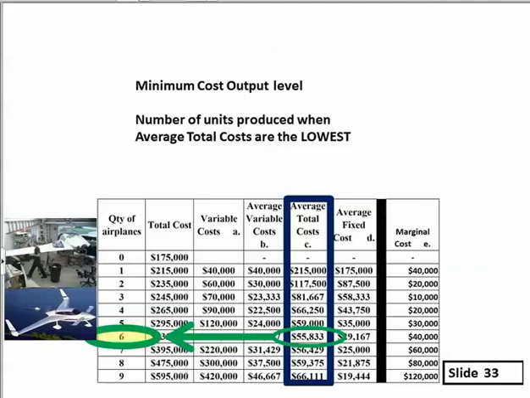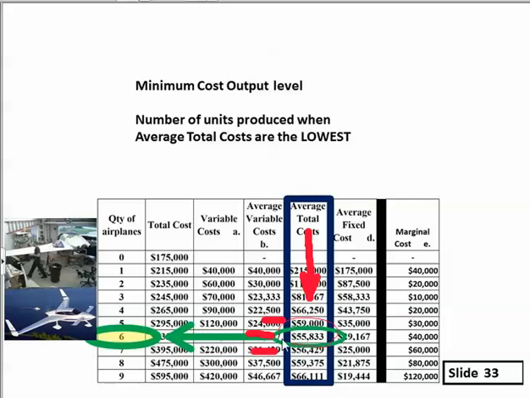Continuing on, we can go back to our chart of numbers and identify that lowest value. We see by going down the average total cost column till we find the smallest number. So we have 59,000, and then we end up with 55,800 and some, and then the next number is 56,000. It's bigger, and then it goes up from there.